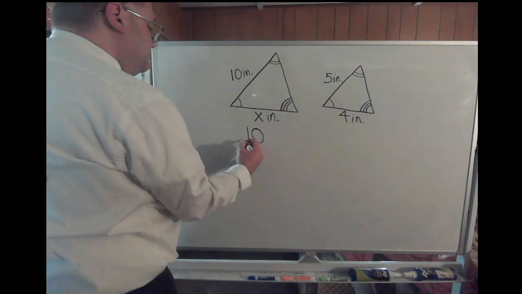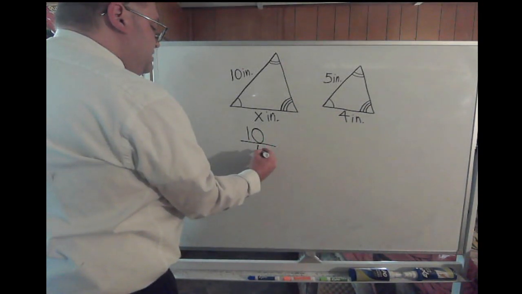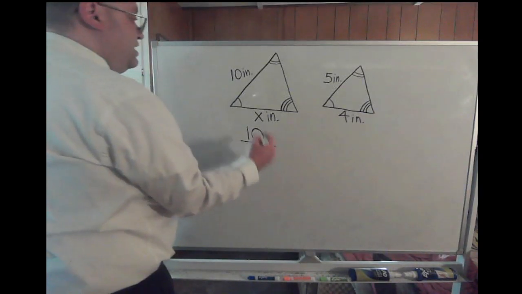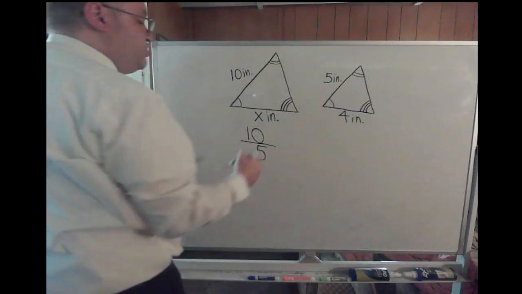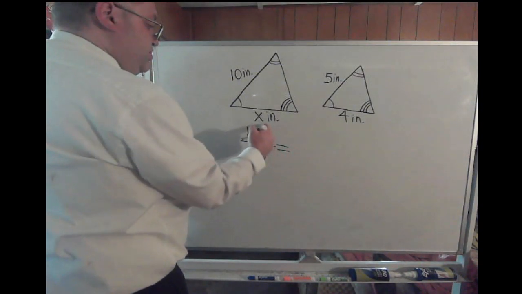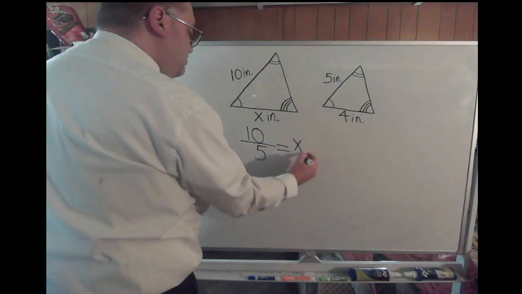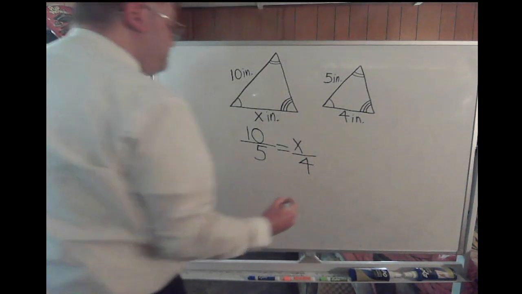We have 10 on the big triangle to 5 on the smaller triangle, because these are corresponding sides. The corresponding sides of each triangle are in direct proportion. You'll set that equal to that x on the big triangle corresponds to the 4 on the smaller triangle.